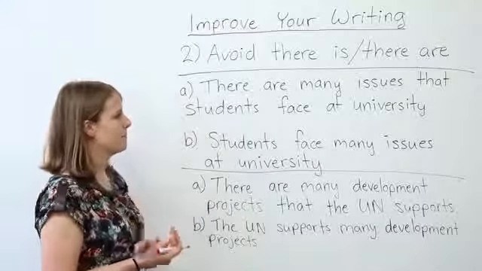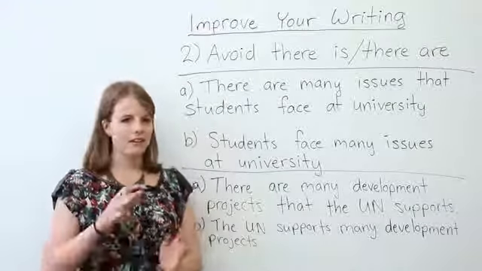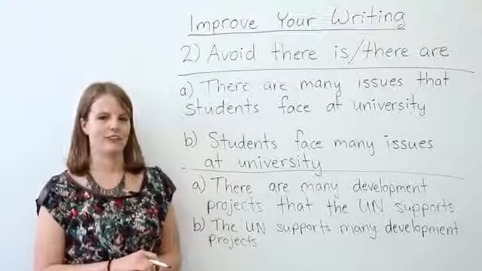A, there are many issues that students face at university. That's an okay sentence, but if I wanted to make it a better sentence that is more appropriate for academic writing, I would change it. I'd get rid of there are, and I would say instead, students face many issues at university.